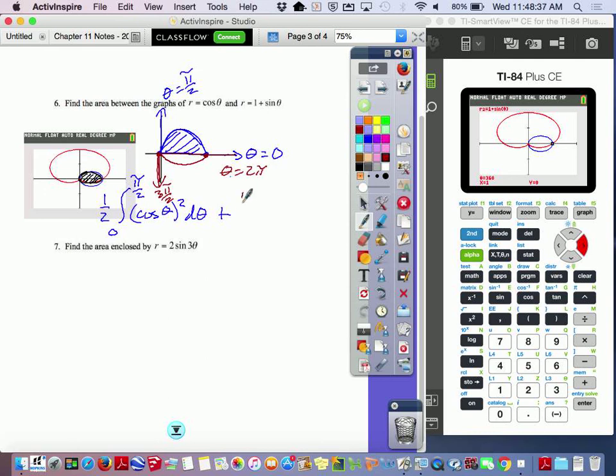So this other integral will be 1/2 times the integral from 3 pi over 2 to 2 pi of 1 plus sine theta quantity squared d theta. Then this just needs to be plugged into the calculator, calculated in radians, and the value of the answer is 0.571, or 0.5708, whatever works.